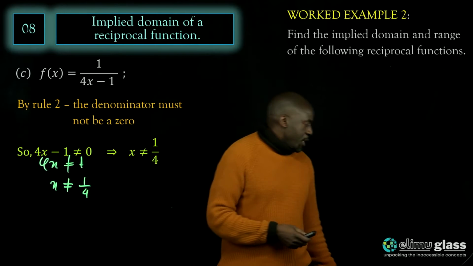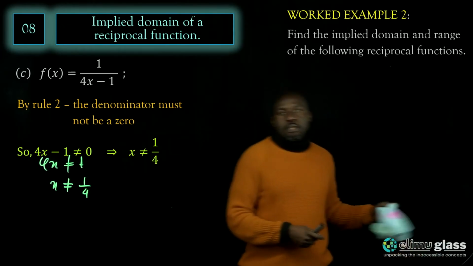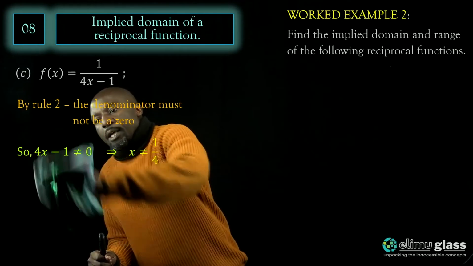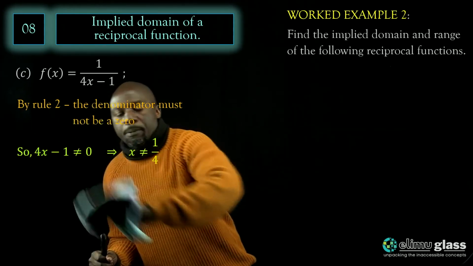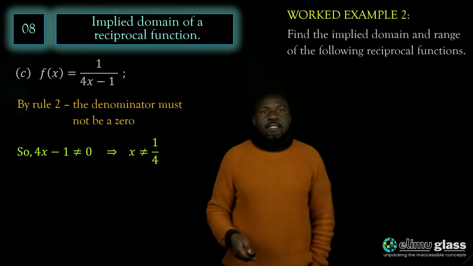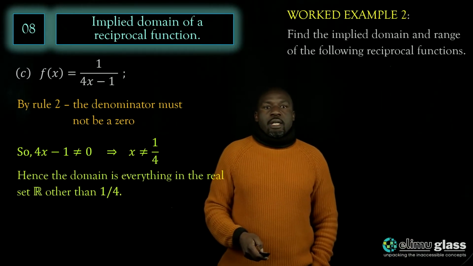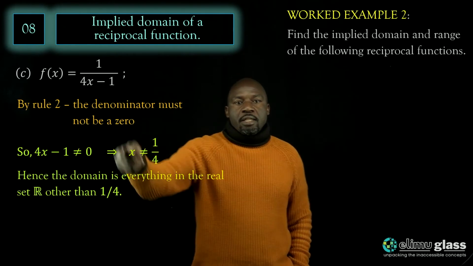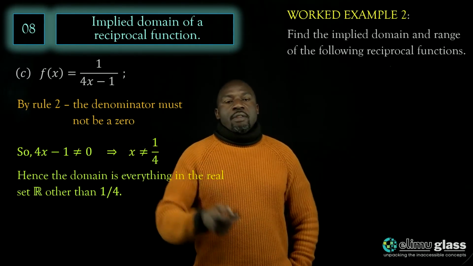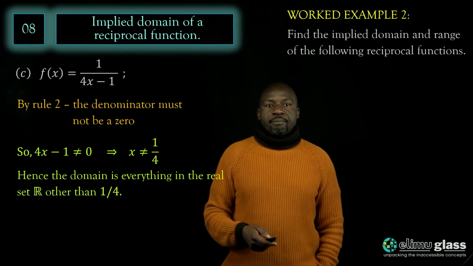This also would mean that 1 over 4 is the vertical asymptote, right? Okay, and so given that, this is indeed the vertical asymptote. It is also the implied domain, all right?